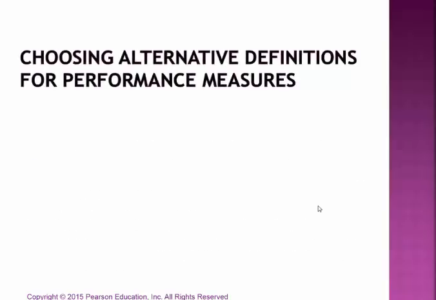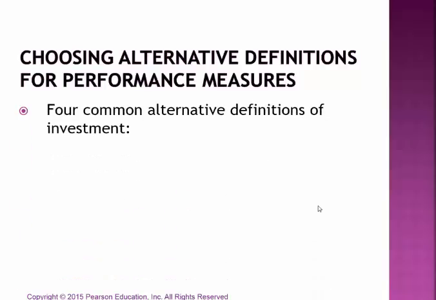The definitions for the measures. This is what I was mentioning earlier on. What are we going to use as our definitions? Regarding our assets for investment, for the investment part of the calculations, we could use total assets available, all assets.